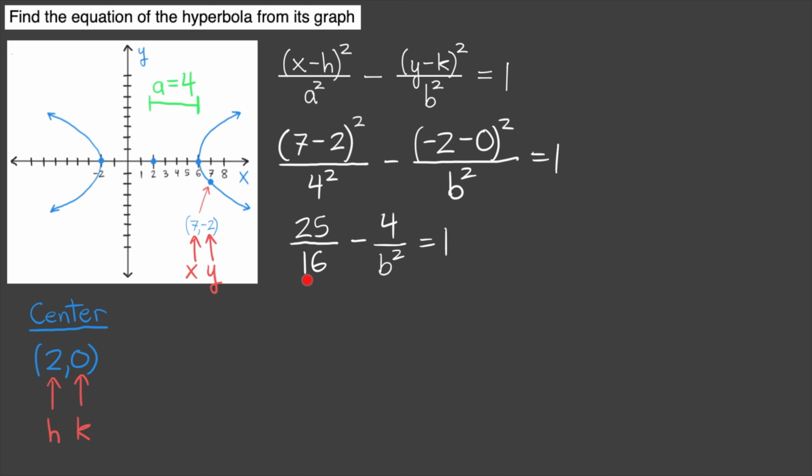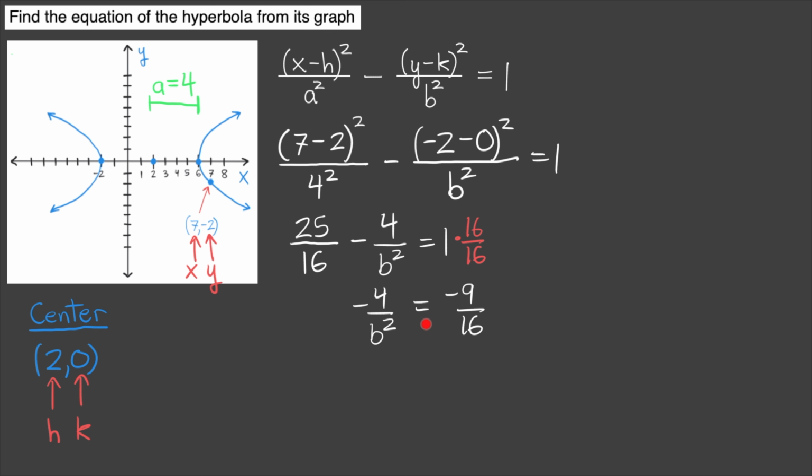All right, so let's subtract the 25 over 16 over. Now, we want to get a common denominator, so the 1 here is really, I'll multiply this by 16 over 16. So this ends up being 16 over 16 minus 25 over 16, which is -9 over 16. That's going to equal -4 over b squared. All right, we are almost there. We just got to get b squared by itself here.